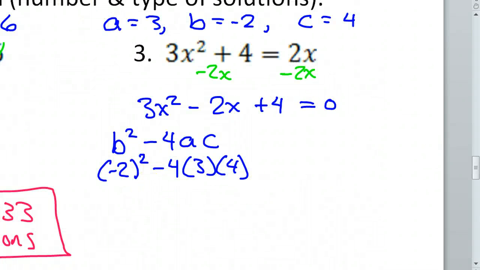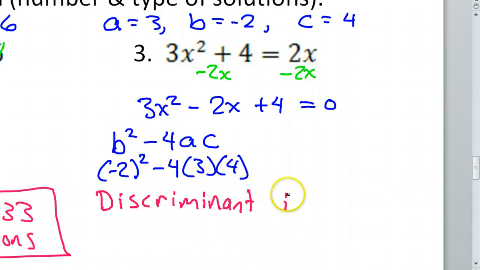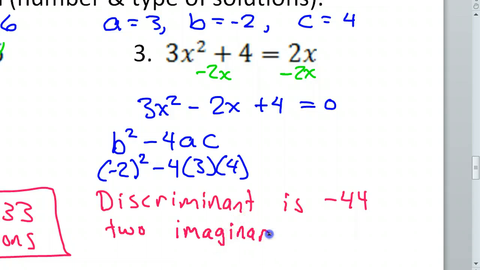The discriminant is negative 44. Because it's negative, that means we have 2 imaginary solutions.